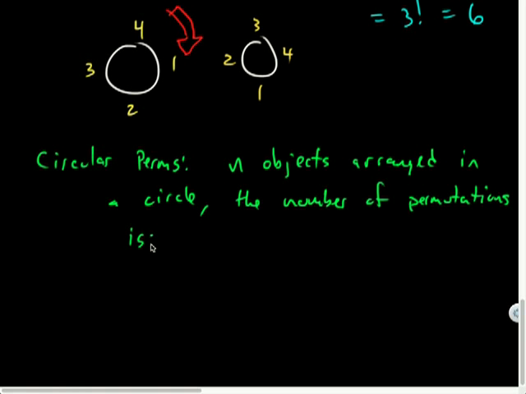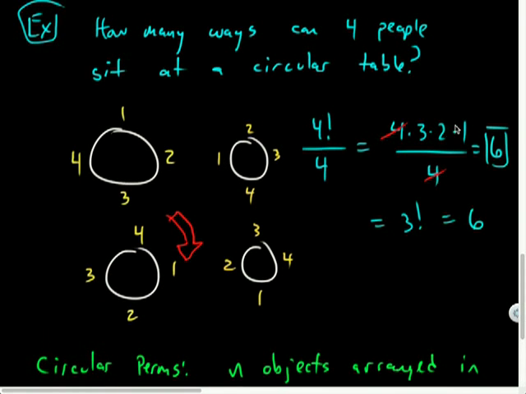And there are actually 2 ways to think about this. I could think about it as n factorial divided by n, is one way. Or I could have just thought of it as, well, how would you describe this 3 factorial compared to my original 4 people?